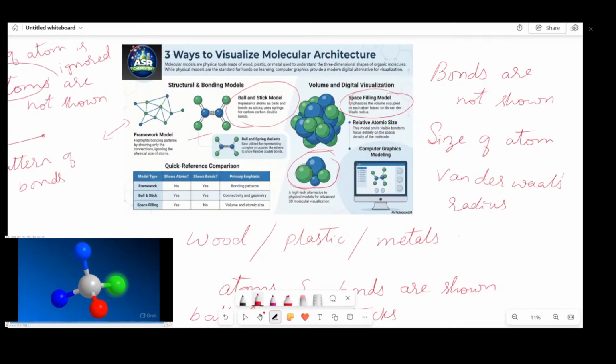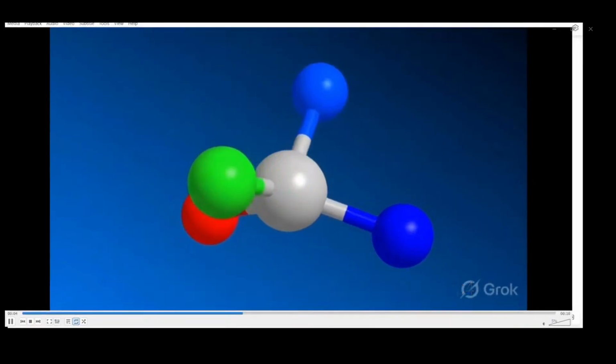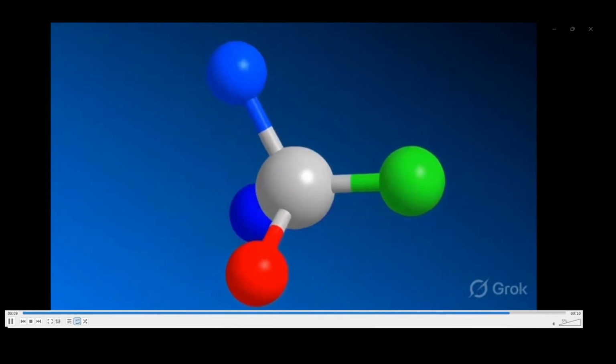Along with this, we can also use some computer graphics to understand the structure of the molecule, to visualize the three-dimensional representation of the molecule. You can also see on the screen that I have shown a three-dimensional view of methane.